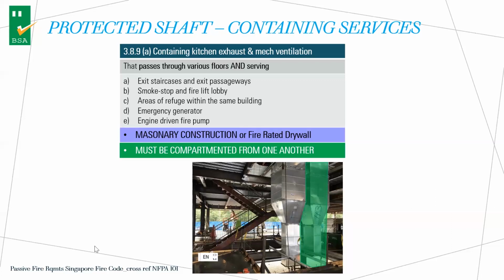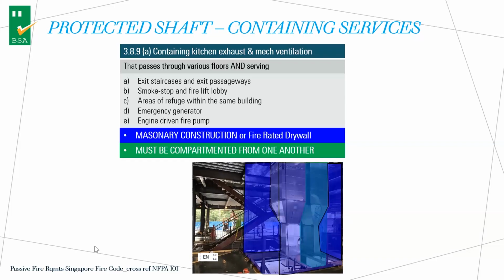So the lift shaft must not be sharing with a MEP shaft, okay? And secondly, the whole shaft must be enclosed in a masonry construction or a fire-rated drywall, so something like that, right?